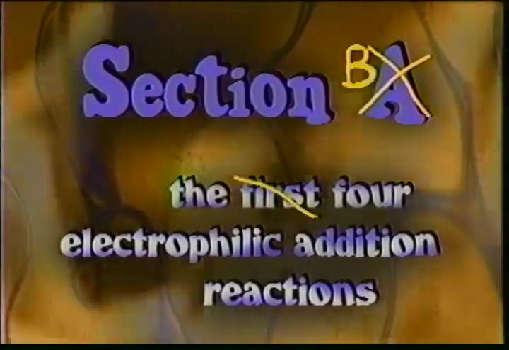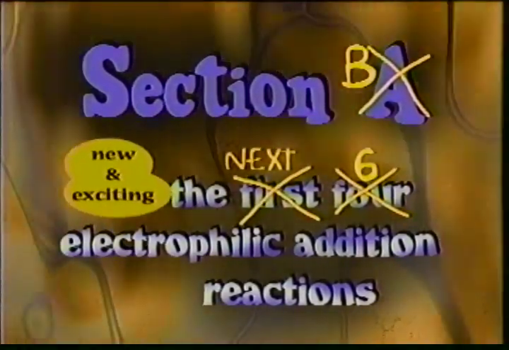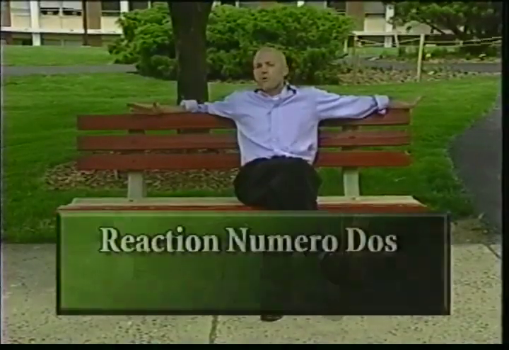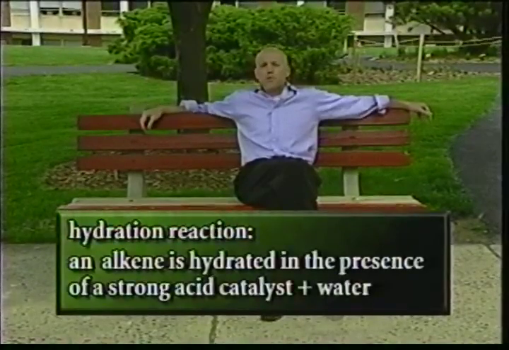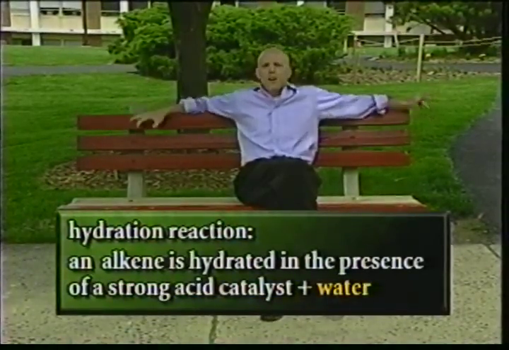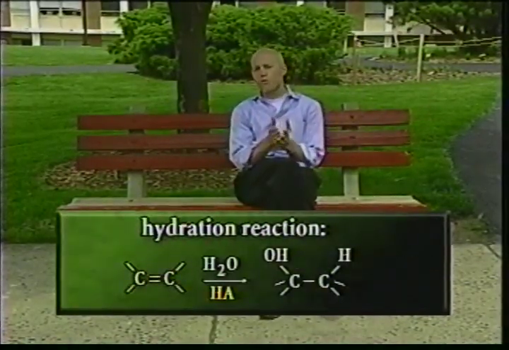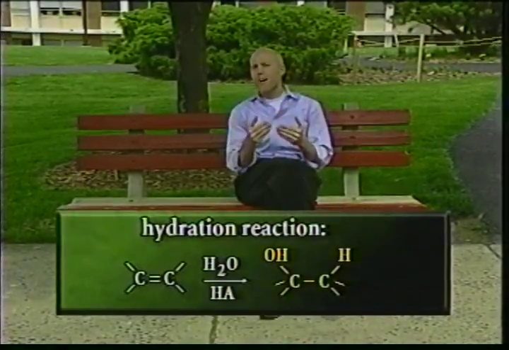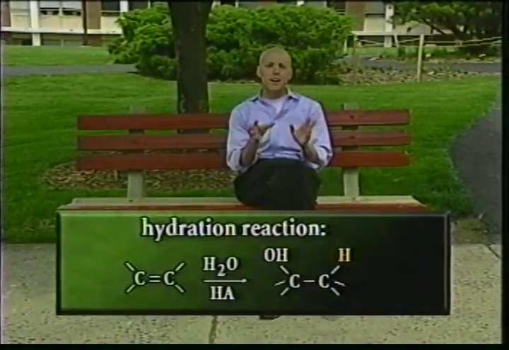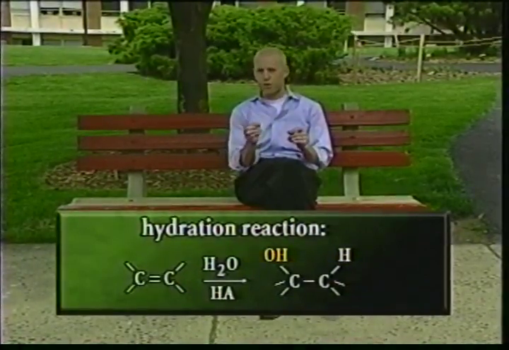Section B, the next 6 new and exciting electrophilic addition reactions. Do you remember reaction number 2, the hydration reaction, where an alkene was hydrated in the presence of a strong acid catalyst and water? The formula for this was an alkene in the presence of a strong acid catalyst and water reacts to form a neutral alcohol with a proton on the less substituted carbon and an OH group on the more substituted carbon.